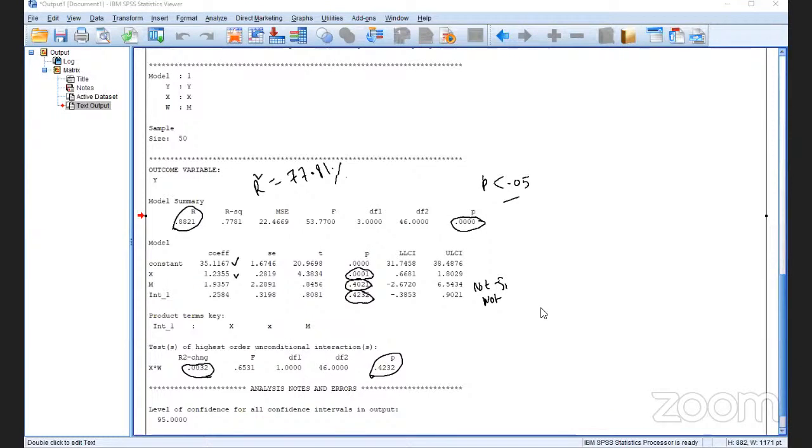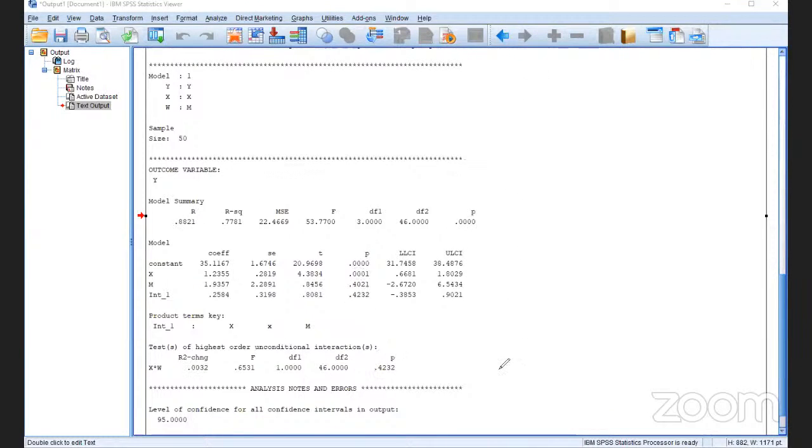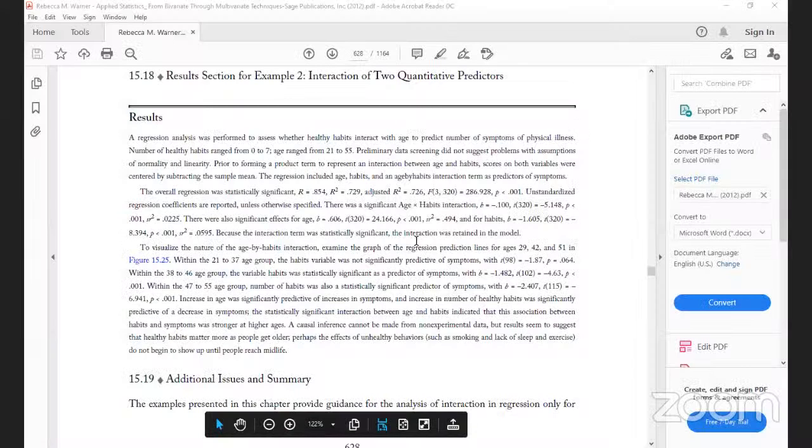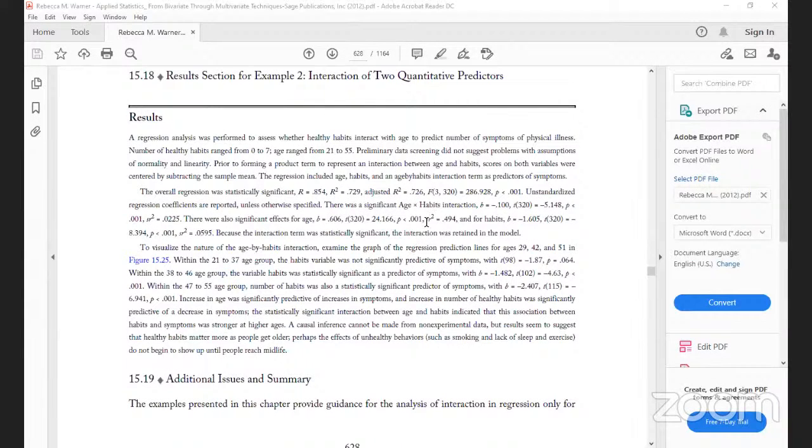I am stopping sharing and sharing the book. Now this is the result, the interaction term. So you just go through this result, how to report our interaction term.